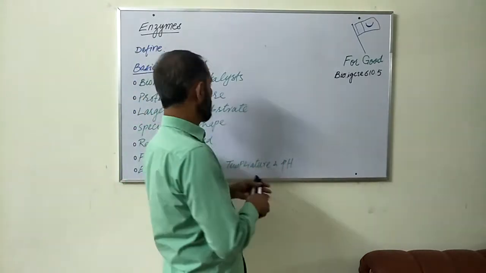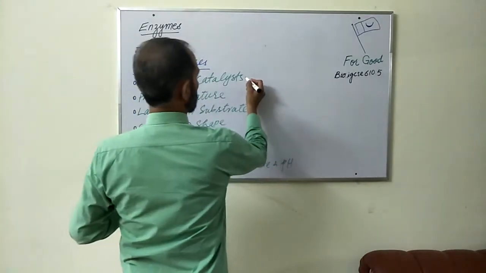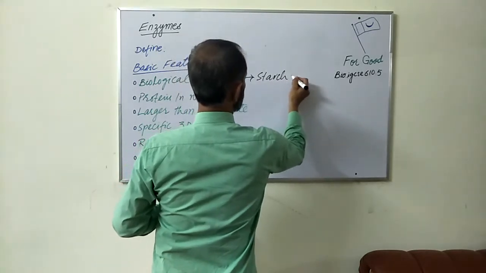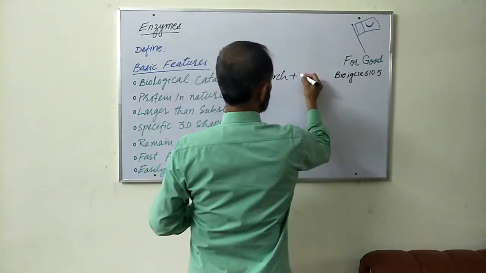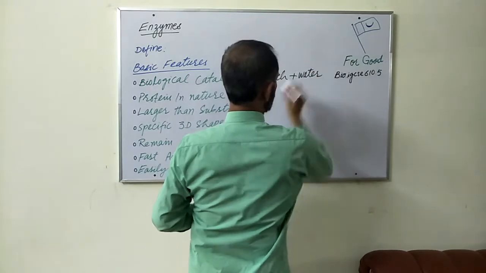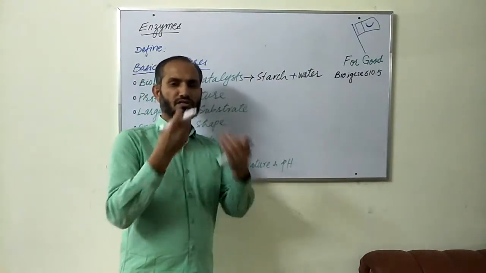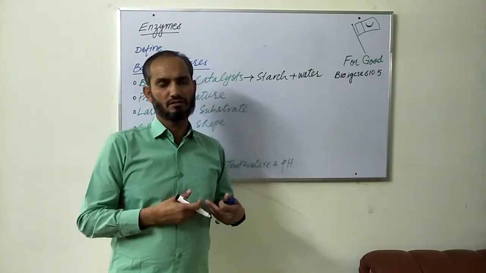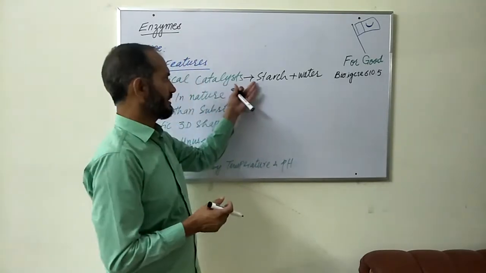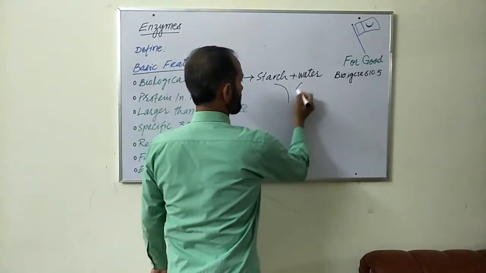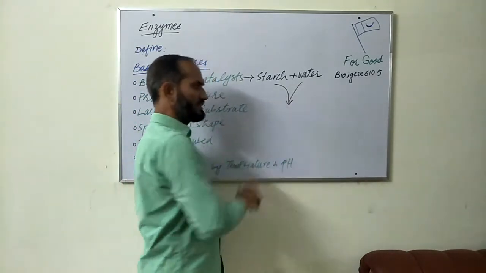Say for example, I'm going to write here one example, that if there is a chemical called starch and we want to react it with water. This is a very simple reaction which is occurring in our mouth or in small intestine, digestion of the starch. This starch will be digested when water is added.